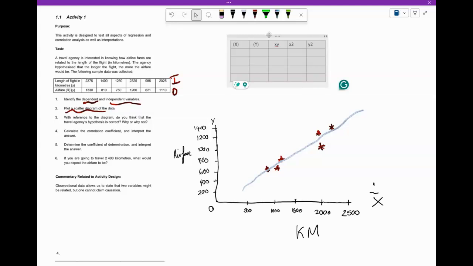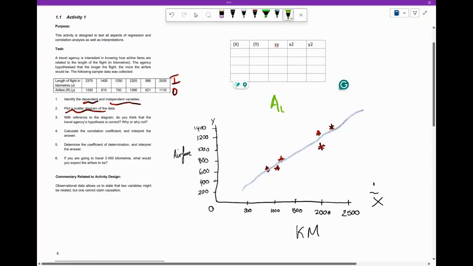So here, what they've actually taken as the heading is FA. Simply that. Which kind of makes sense because we'll be using the X variable to predict how much our airfare is, or our air ticket is.